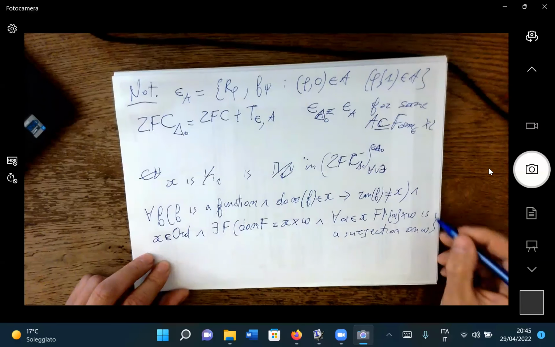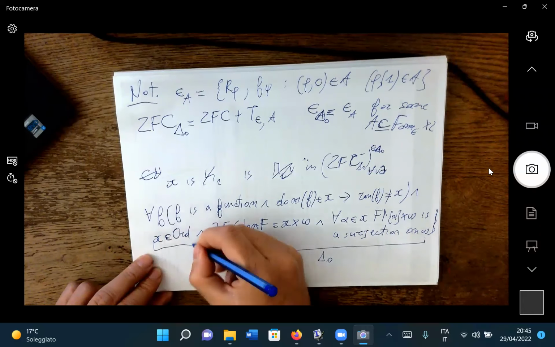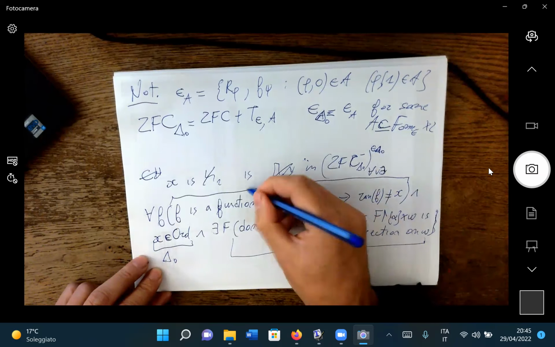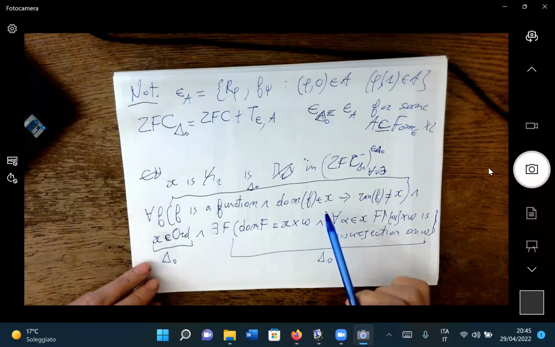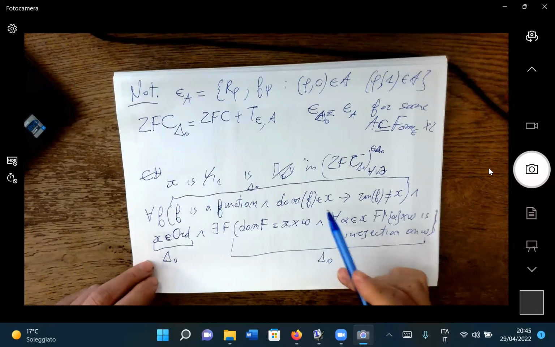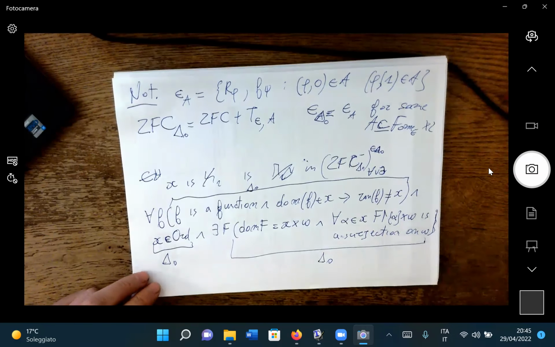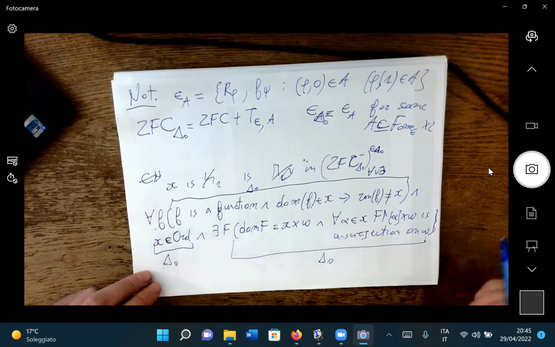And you can check that this piece is delta 0, this piece is delta 0, this piece is delta 0, and the unique solution of this formula is the cardinal Aleph 1 in any model of a sufficient fragment of ZFC. Okay, so this part is pi 1, and this part is sigma 1. So it's pi 1 wedge sigma 1.